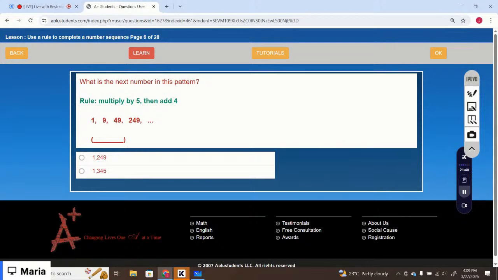What is the next number in the pattern? So can you solve and write the correct option in the chat box?